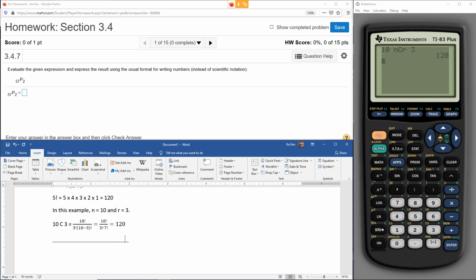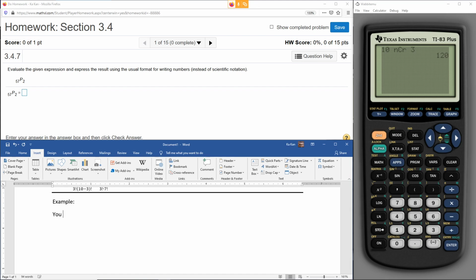So now if you have a permutation problem, for example, in a race with 8 runners, how many ways can we award the winner, the runner up, and the second runner up?